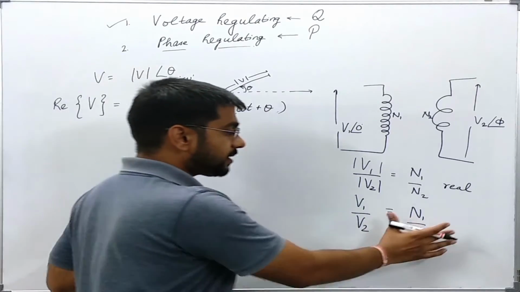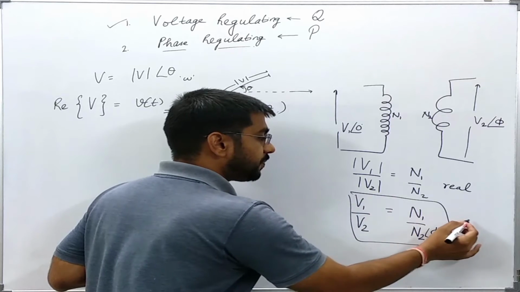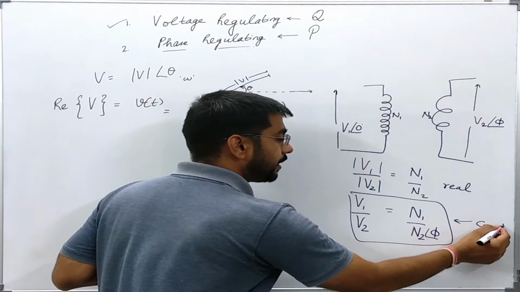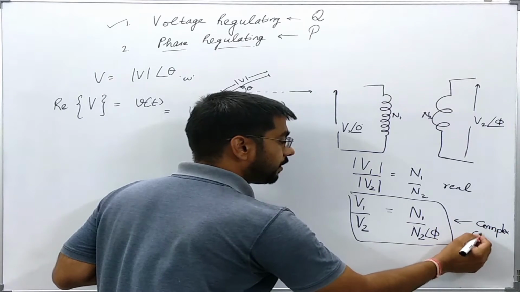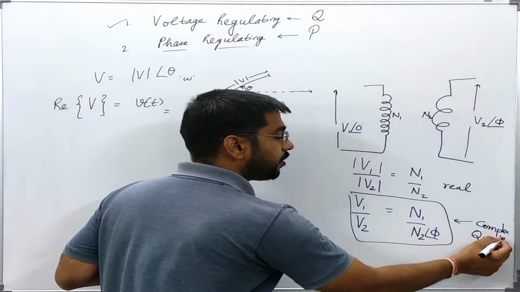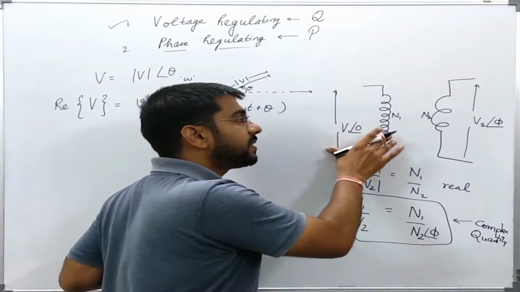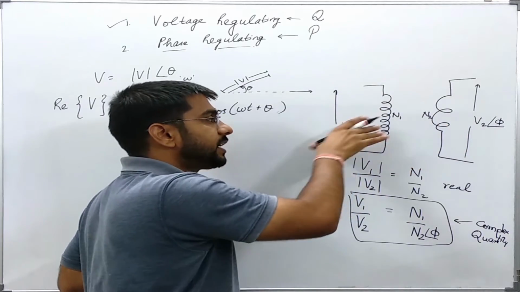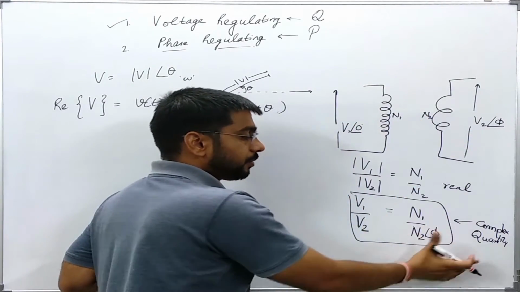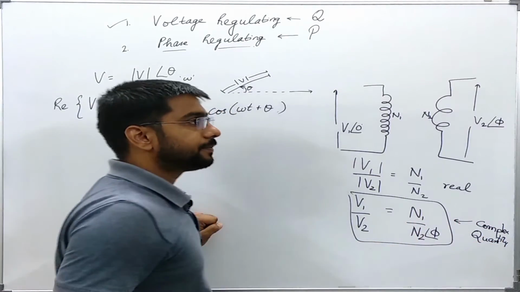Okay, now this has become a complex quantity. Now it is no more a real quantity. Mathematically, we are trying to represent this transformer, which is giving a magnitude shift as well as a phase shift, through a transformer ratio which is a complex quantity.